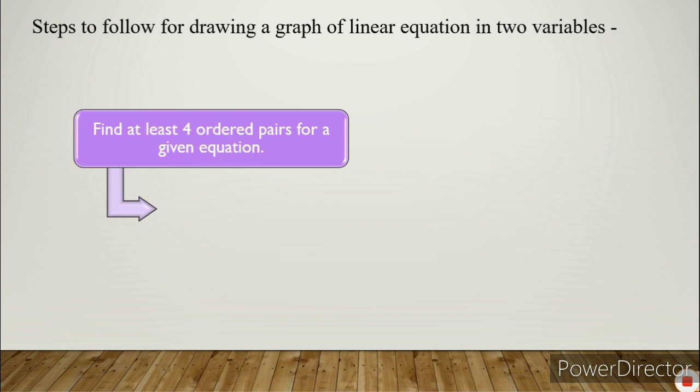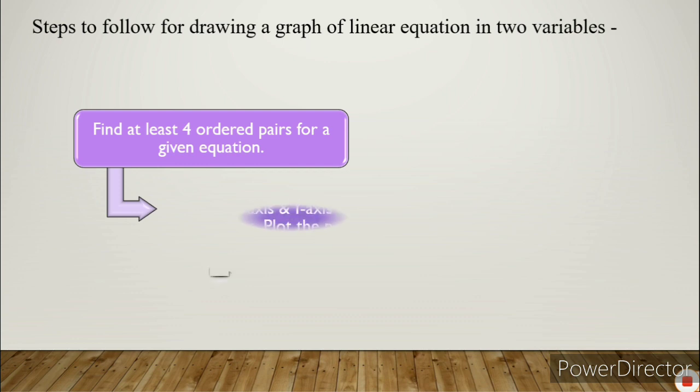If you plot 3 points and they are non-collinear, then it is understood that one of the points is wrongly plotted, and it is not easy to identify the incorrect point. If we plot 4 points, it is almost certain that 3 of them will be collinear. So, take at least 4 ordered pairs for a given equation.